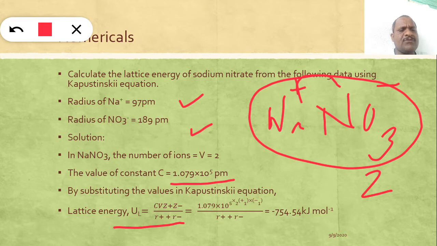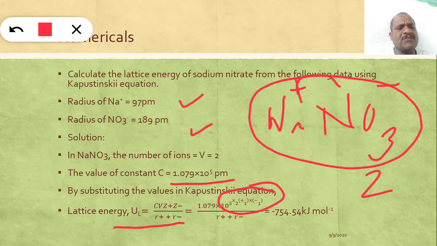By substituting the values into the lattice energy equation by Kapustinskii, you can understand that the value of C is 1.07 into 10 raised to power 5, and V is 2. Then plus 1, that is the charge of the cation, and minus 1, that is the charge of the anion, upon the radius of cation plus radius of anion.